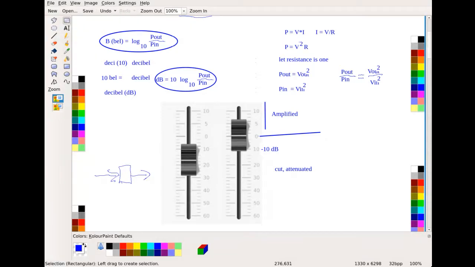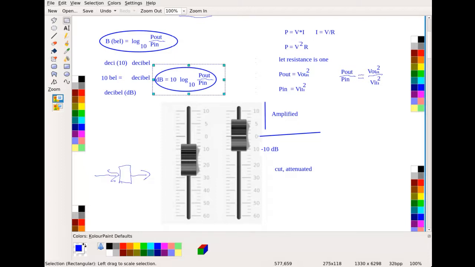He's got that flipped in equation 22.9. I kind of questioned that last night when I was reviewing this material. But anyhow, this is the definition of a decibel.